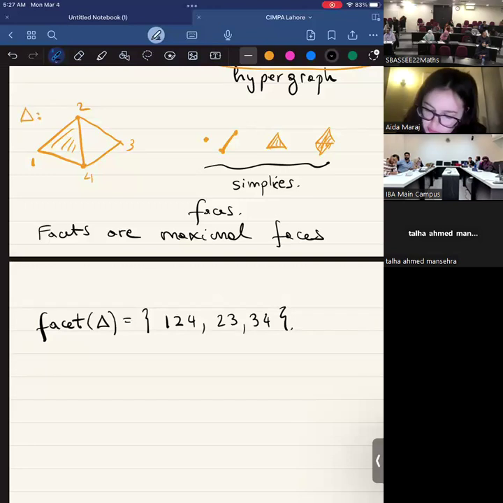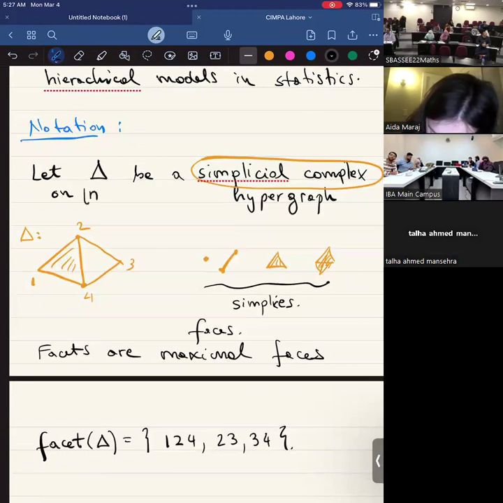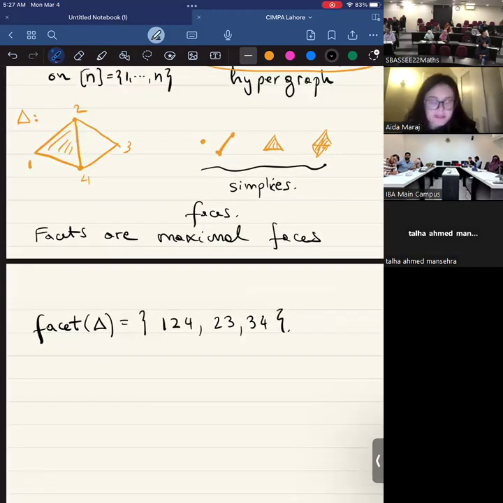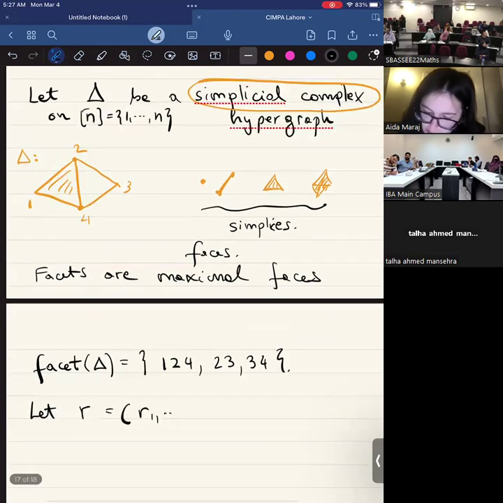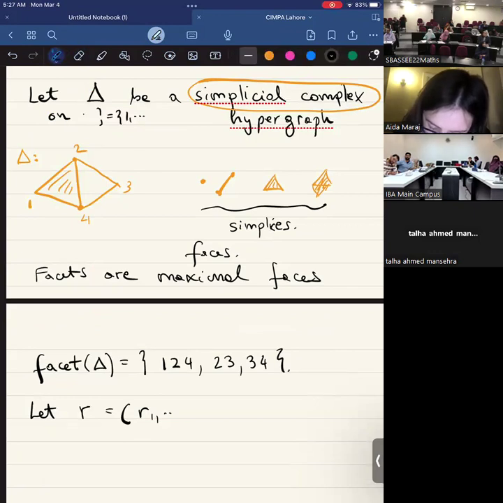And now, we take delta, so maybe let's say delta on n vertices, 1 through n. So here n is equal to 4. Okay, so let R be R1 through Rm. Honestly, I'm sorry, I'm going to call this M just because we have used N for other things.